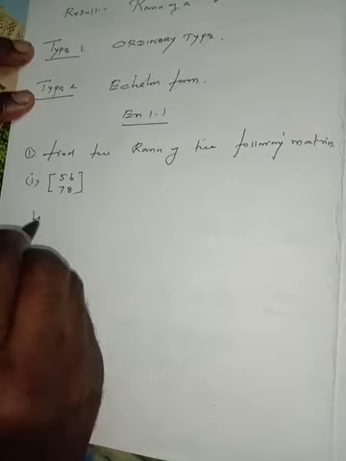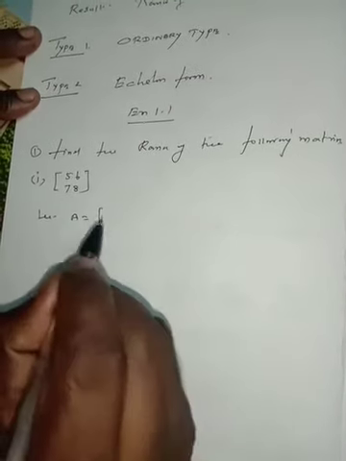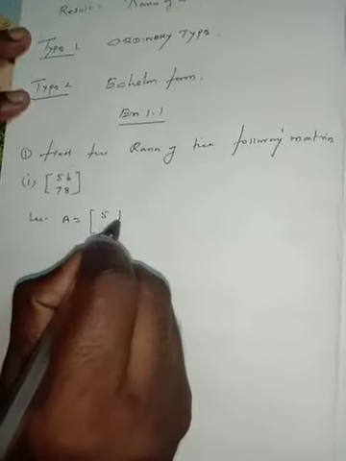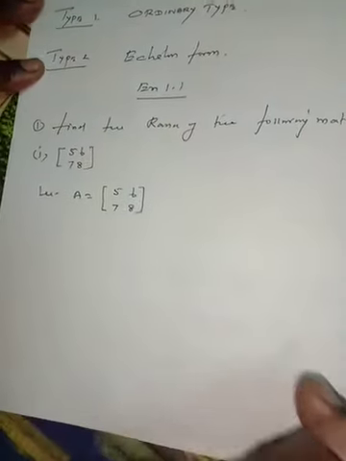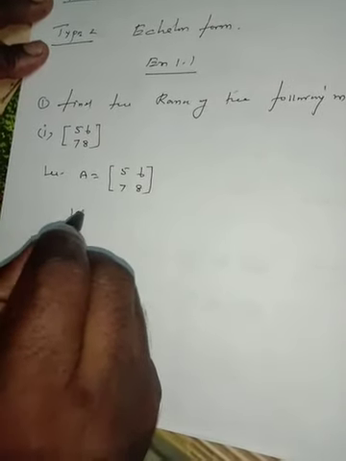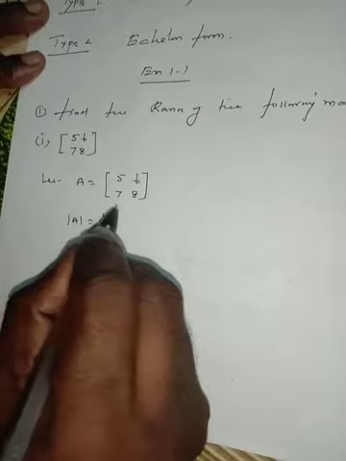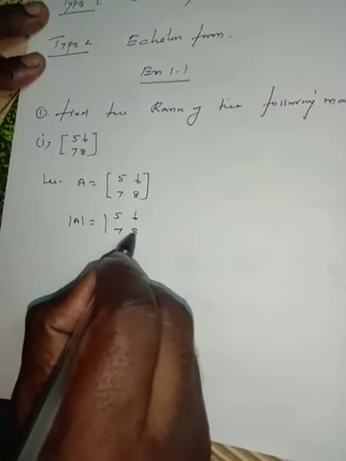Let the given matrix capital A be 5, 6, 7, 8. Find the determinant of A. Determinant of A is equal to |5 6; 7 8|.